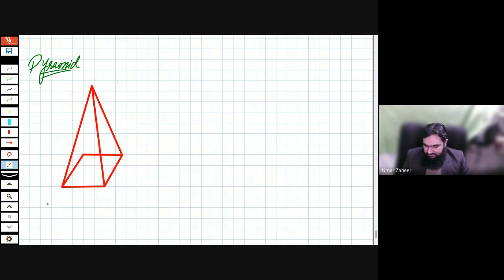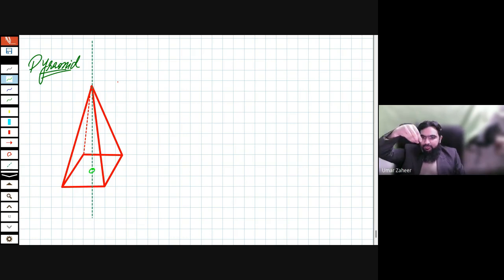This is the pyramid. It has a square base. And we have a line that passes through the center. Now, if you rotate it in this way, how many times are you going to see the same shape?